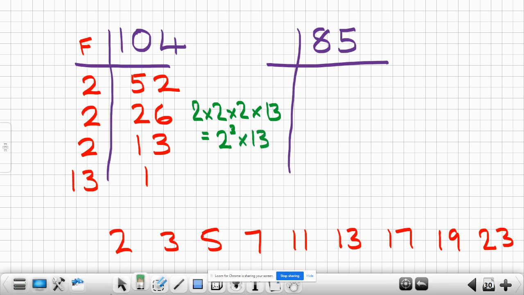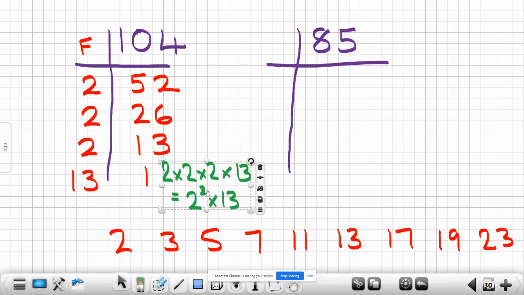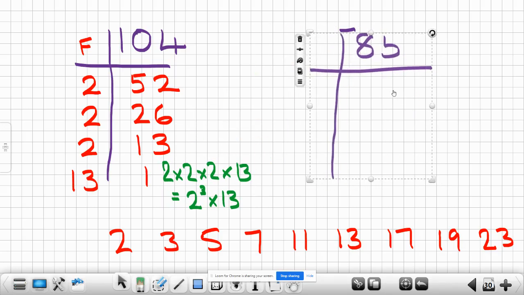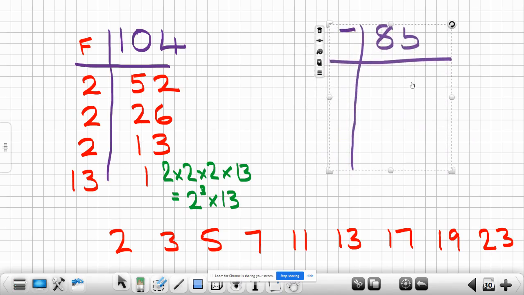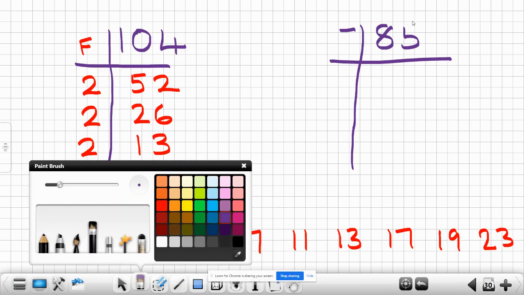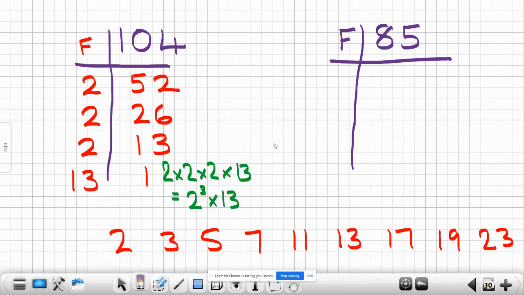Okay, good stuff. Now I need to make some room. Let's move that down, and then I'm going to move that over. Always good to allow yourself plenty of room. I've lost the tip of that 5, but I'm going to just put that right. So that should be a 5. That can be our factors.